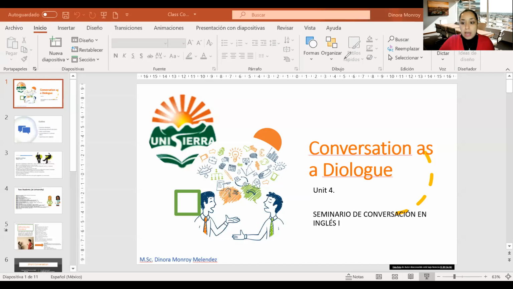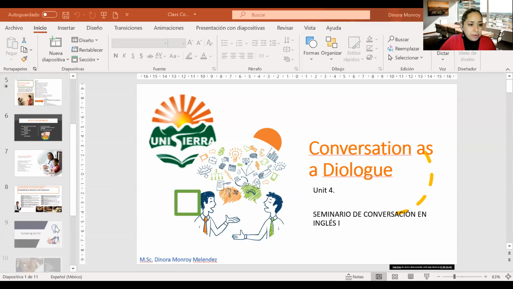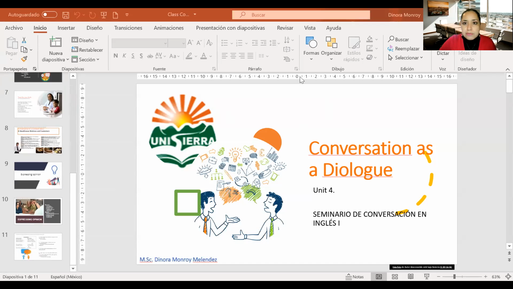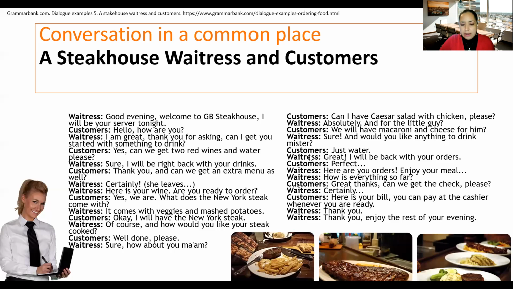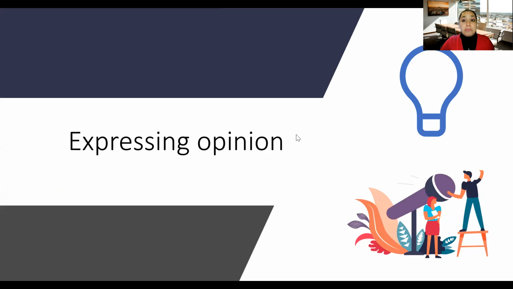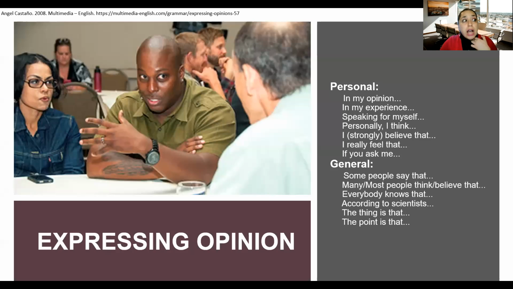All right. I believe that I'm over time already. I already took more of the time for this, so we're about to be done. I should stop here because it's already time. Expressing opinion is another part.